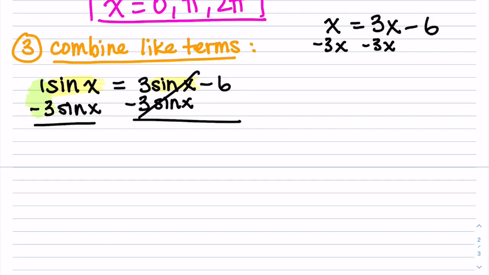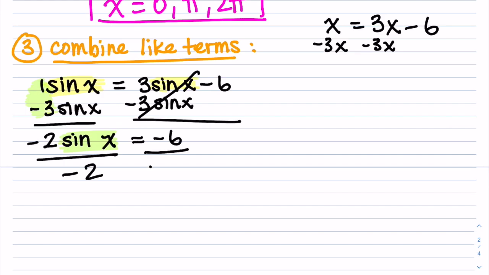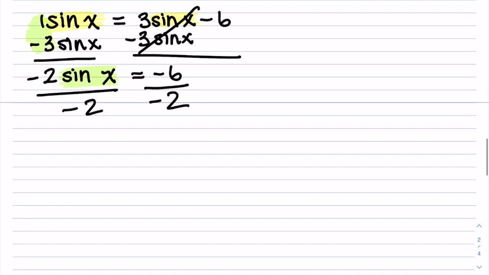And in your head, hopefully you're saying minus 2 sine x equals negative 6. And then again, before you can look at the circle, you need to get this alone. So how would we get rid of that minus 2? Just do a quick division. And then you get sine of x is equal to 3.